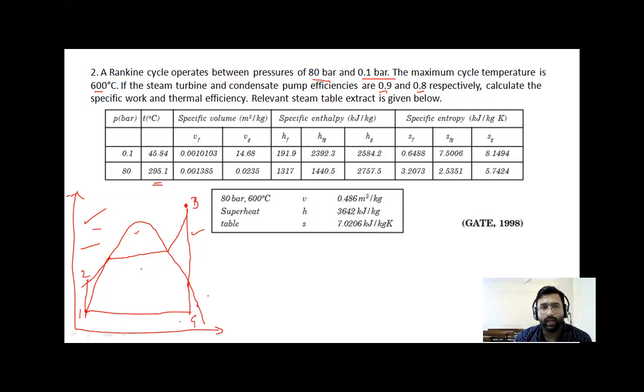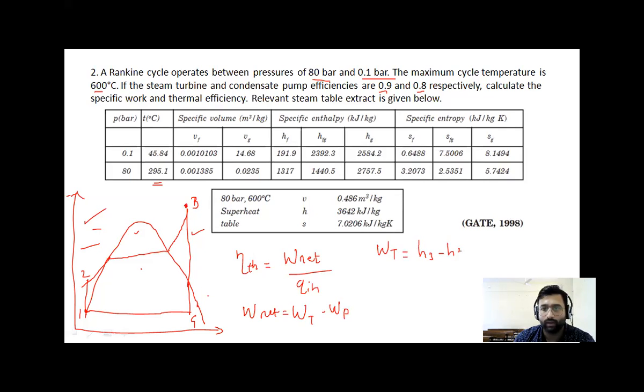So here again you have to calculate specific work and thermal efficiency. How to calculate thermal efficiency? W net divided by QE. W net will be turbine work minus pump work. Turbine work will be how much?